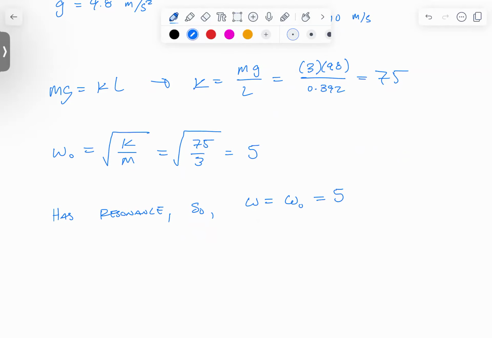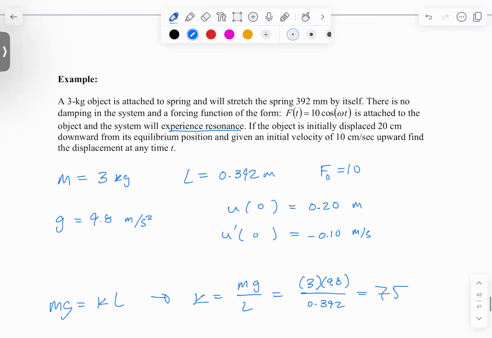So even though we didn't initially have the information for our forcing function, notice in the equation, f of t equals 10 cosine omega t, I can't proceed to solve this until I know this number. If it did not say it experienced resonance, I can't solve this, not without having omega, a variable, in my solution.